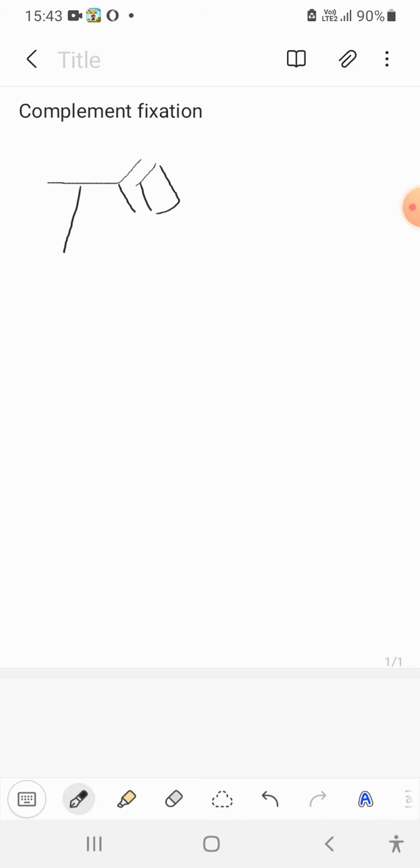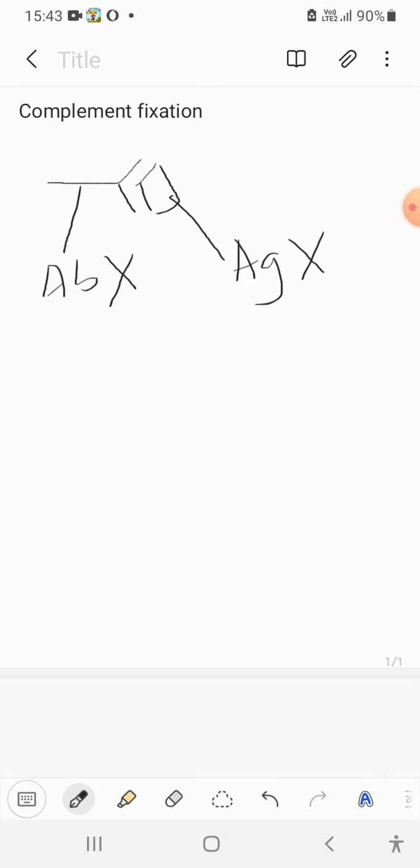So this is antibody, this is antigen. They should be specific to one another. So let's call this antigen X, and antibody to the same antigen, call it antibody X.